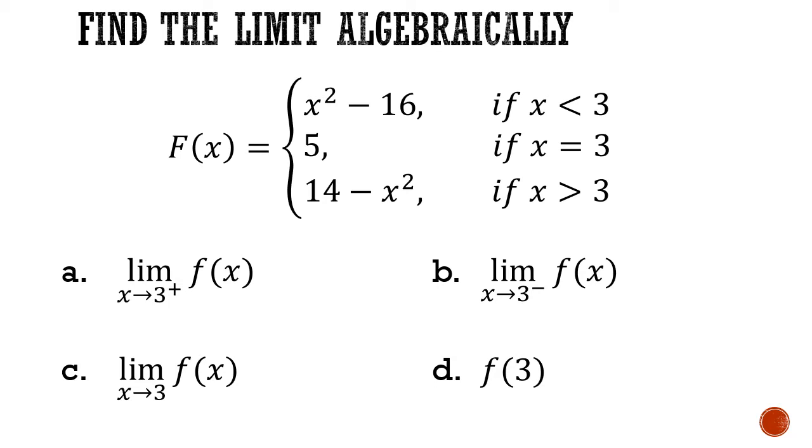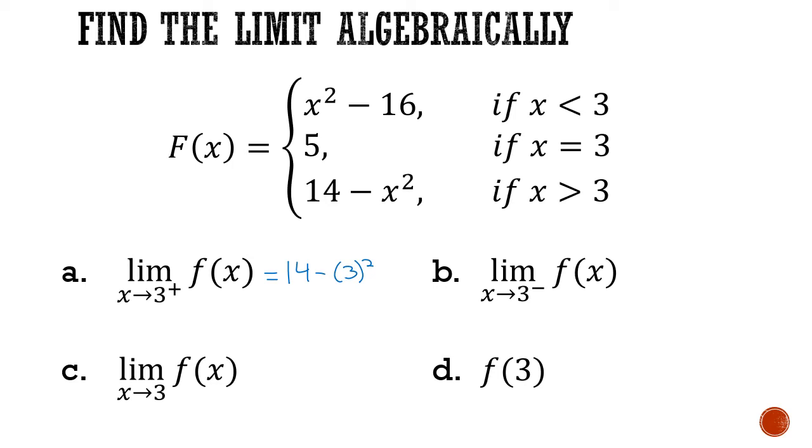So that means I'm going to be evaluating this part A by looking at the third piece of the function, the 14 minus x squared. So I'm going to plug into 14 minus 3 squared, and that's because it's from the right.